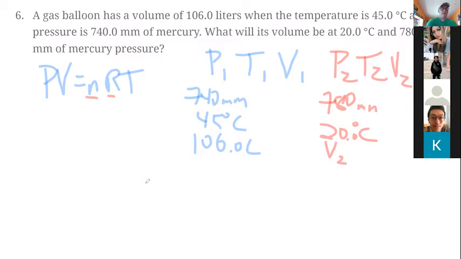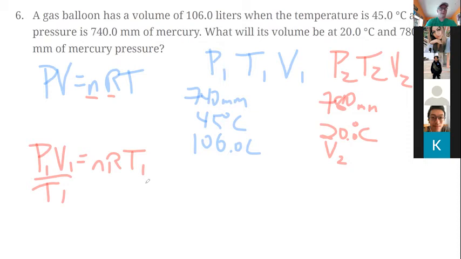So basically, we're just looking at the relationships between pressure, volume, and temperature. So in this instance, P1 times V1 is equal to a constant, nR, and T1. So what I can do is divide both sides by T1, and then I'll get a constant nR.